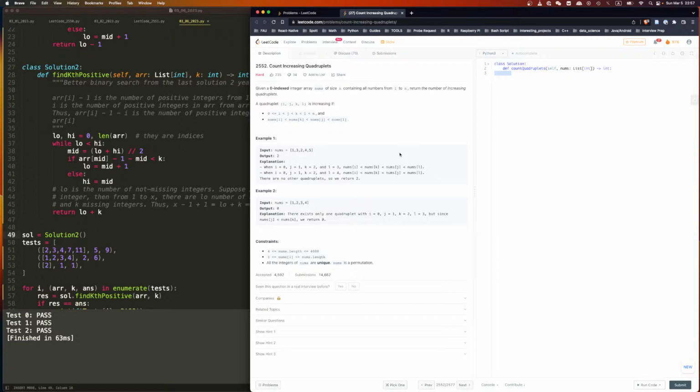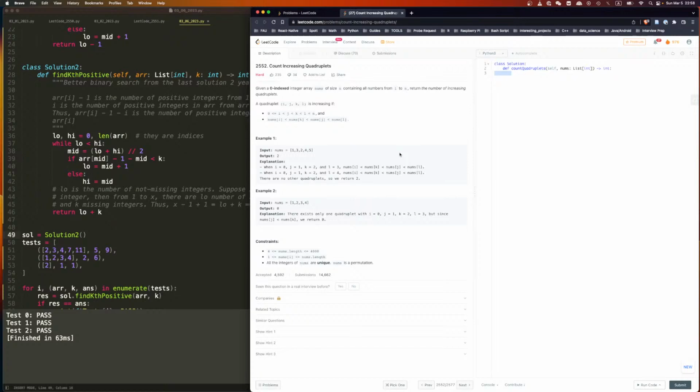Nums is a permutation, that makes sense. So I is 0, J is 0, 1, 2, 3. One smaller than this, smaller than this. So this, oh Lord. This is cruel and unusual.